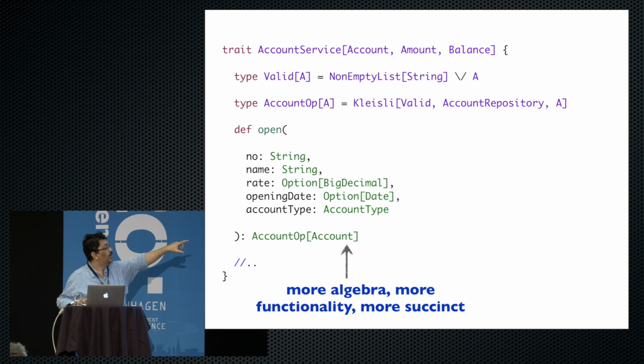Account repository to account OP is actually a disjunction. So, that is what we mean by an effect, and here the return type is an effectful function, and we enrich our algebra by encoding the return type as a Kleisli. So, we have more algebra, more functionality, more succinct.